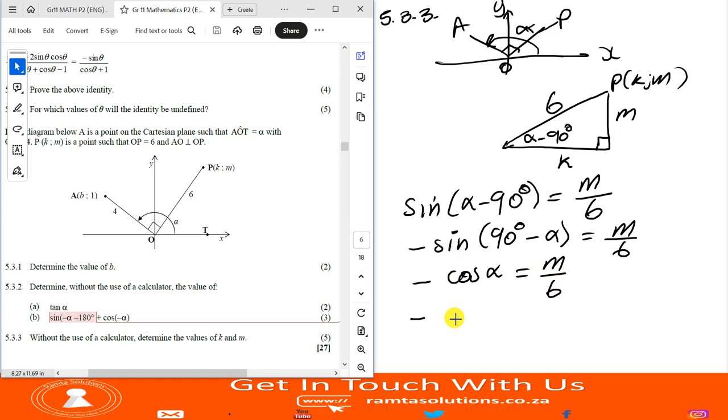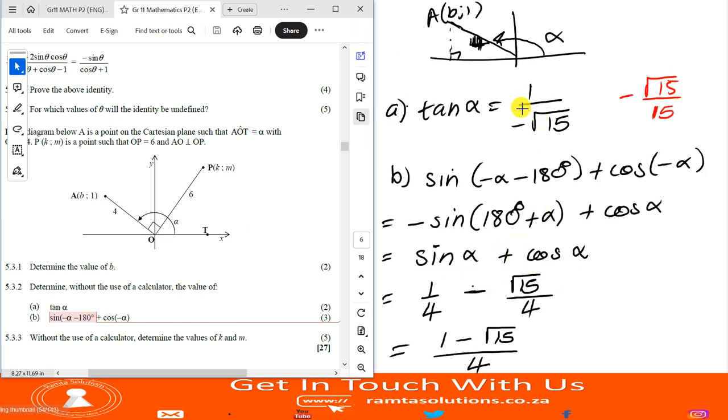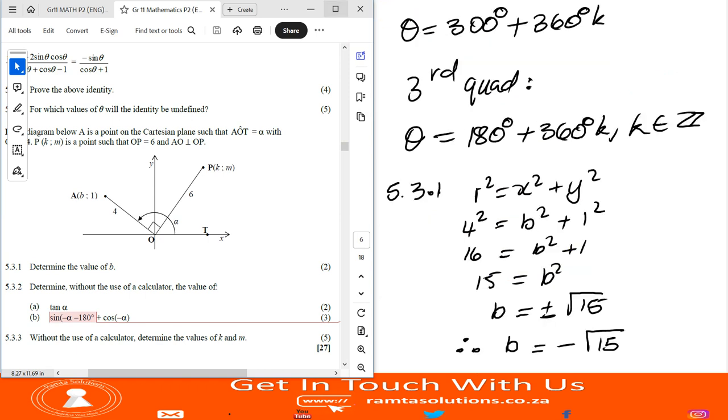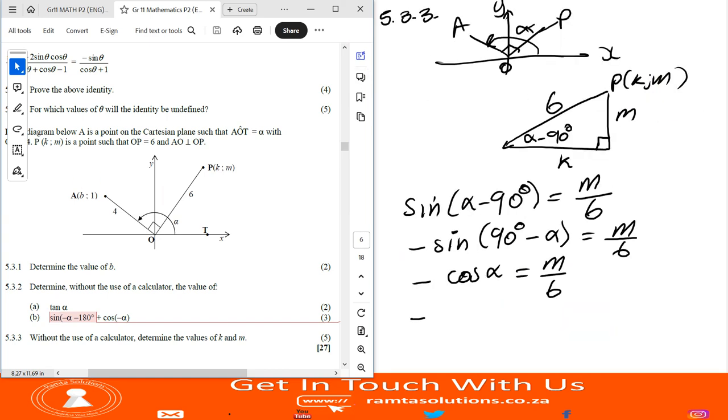Now, what is cos alpha? If you recall, we found our x value to be negative root 15, right? So cos alpha is negative root 15 over 4, isn't it?